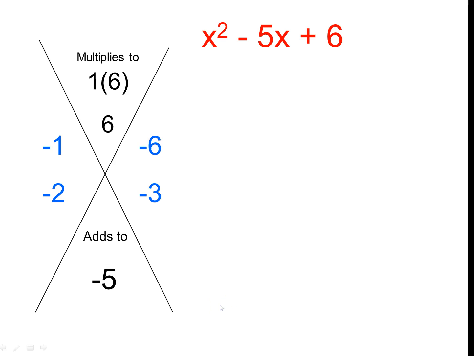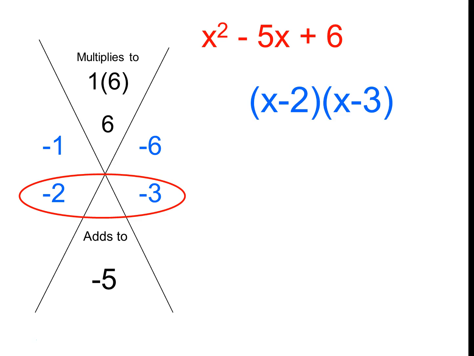Now do you see one that adds up to negative 5? Oh, there it is. Now if it's a negative 2 and a negative 3, what are the factors? Well, the factors are x minus 2 and x minus 3.